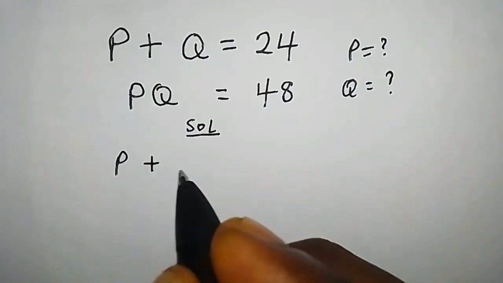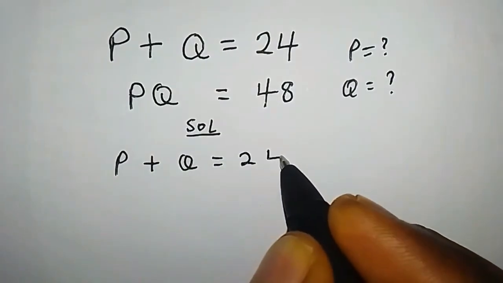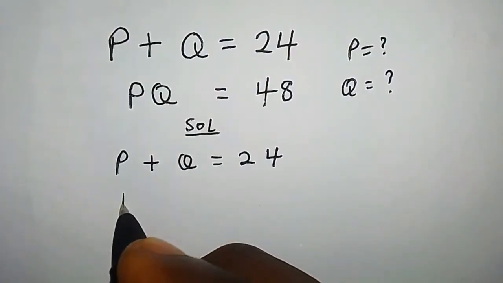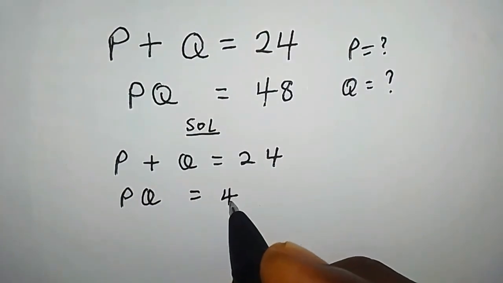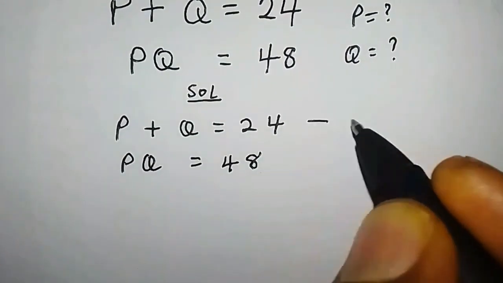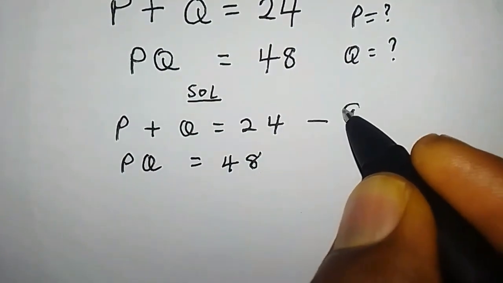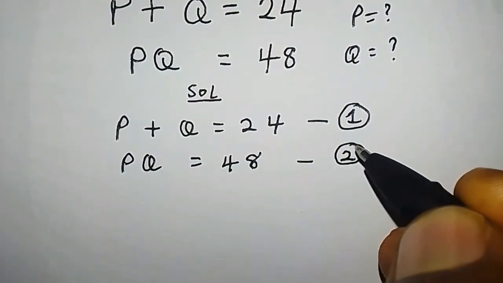P plus Q equal to 24, and also we have PQ equal to 48. Let us call this equation 1, and let us call this equation 2.